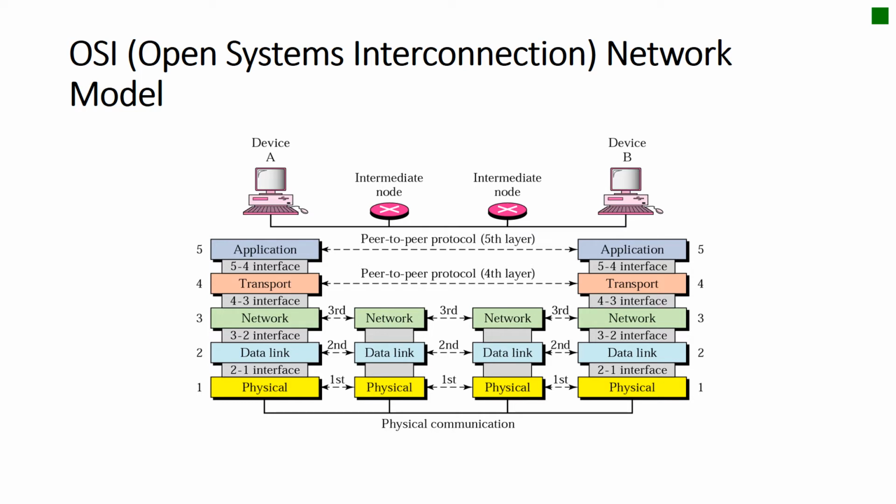Now, a little review regarding your Open Systems Interconnection network model using the TCP/IP. The lowermost layer is the physical layer, and then you have your data link layer, the network layer, the transport layer, and the application layer. Again, this is the TCP/IP model.